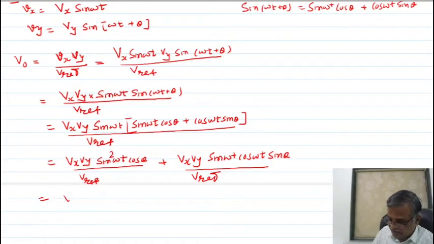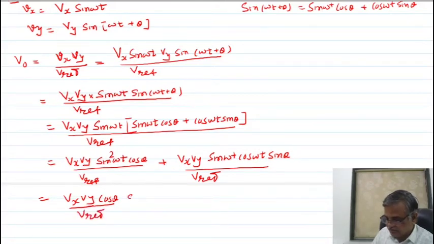So I can write Vx Vy cos theta upon V reference sin square omega t plus Vx Vy upon 2V reference, multiply by 2 and divide by 2.